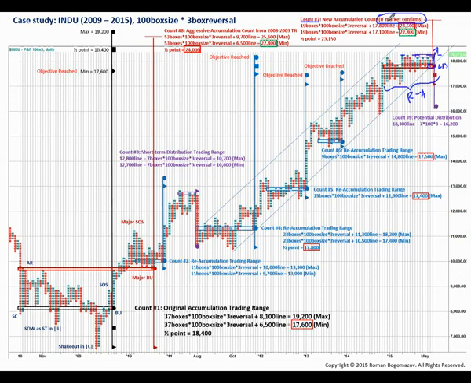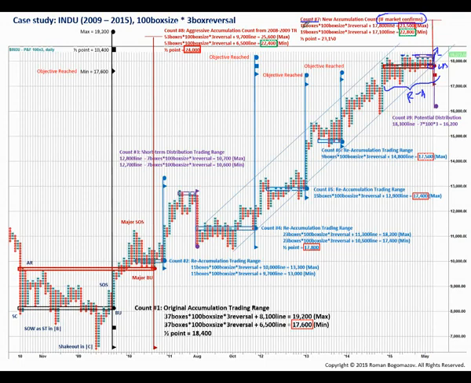The preferable commitment would be on expanding volume, and after that we'll have a backing up action, which will see the contraction of the spread, contraction of the supply, and then continuation, resumption of the uptrend. So if those conditions are being satisfied, then we can definitely talk about this count as being a legitimate count. So, but what does it give us?